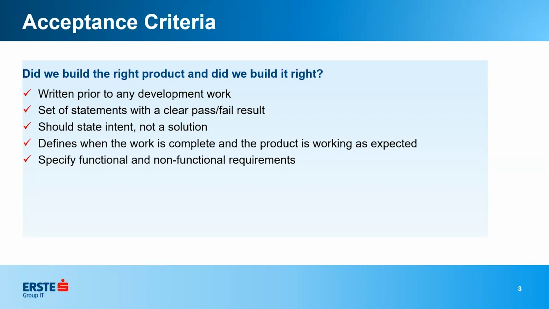So user story acceptance criteria can specify functional and non-functional requirements. Just be certain that you're specifying requirements that you yourself can test.